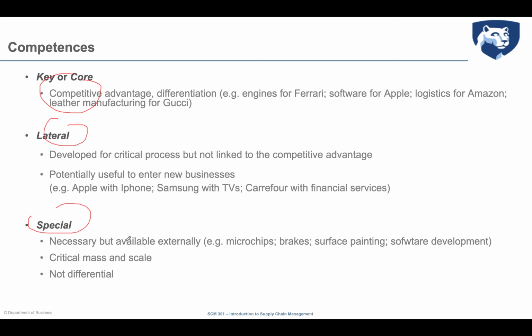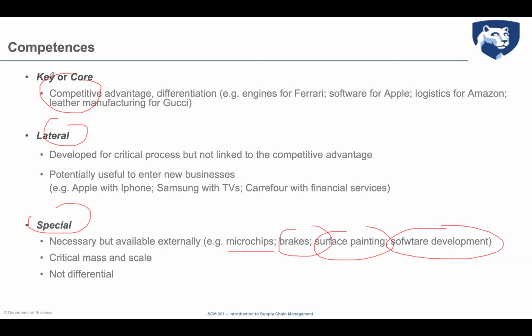Instead, the special competences are necessary but available externally, and they don't contribute to the competitive advantage, such as microchips for computers, brakes for cars, surface painting for cars or helicopters or ships, or software development for, for example, a control machine.